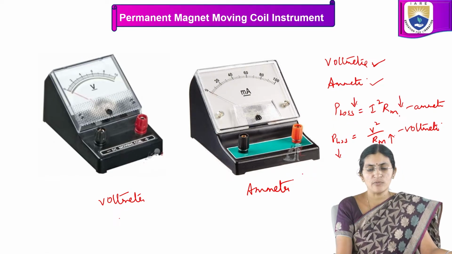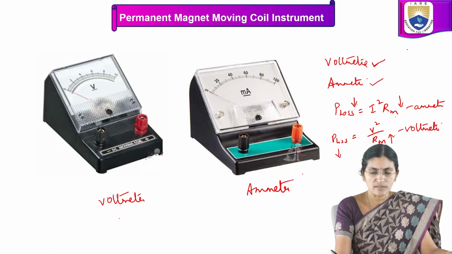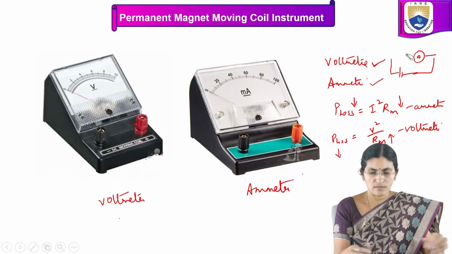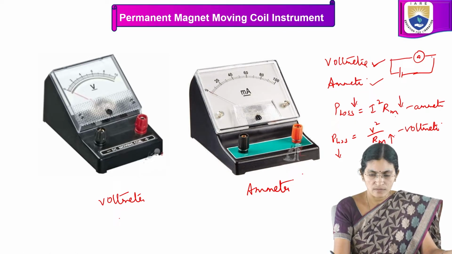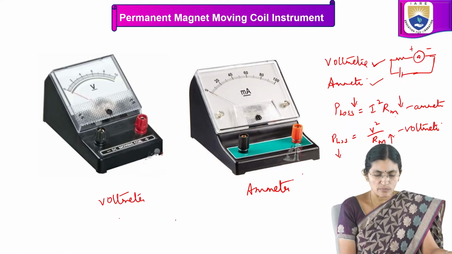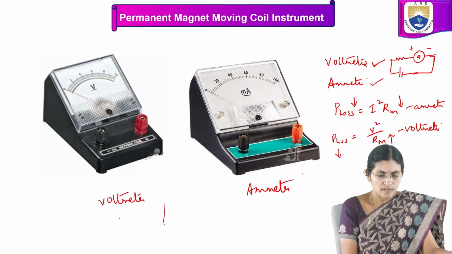The ammeter is connected in series with the circuit, whereas the voltmeter is connected across the circuit where voltage needs to be measured.